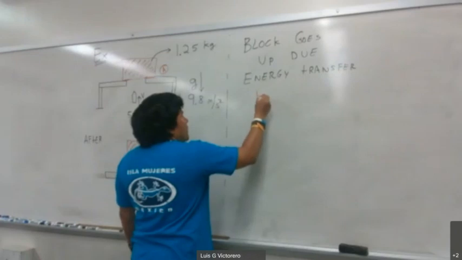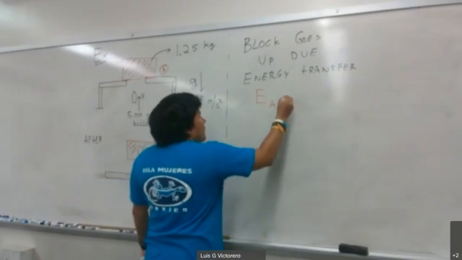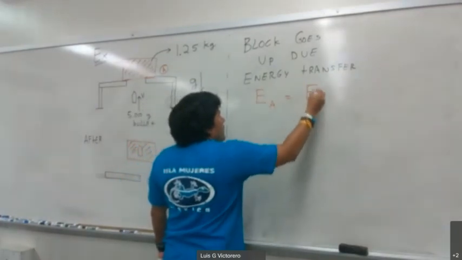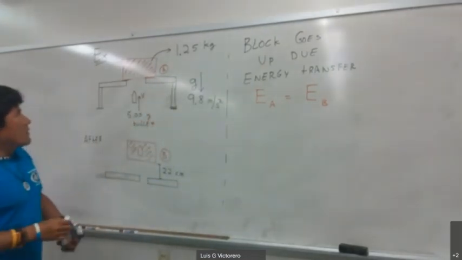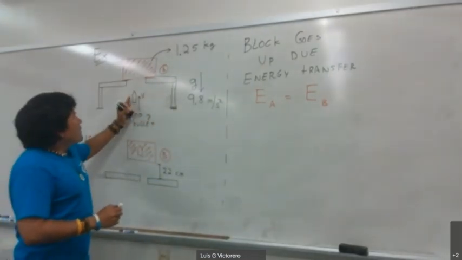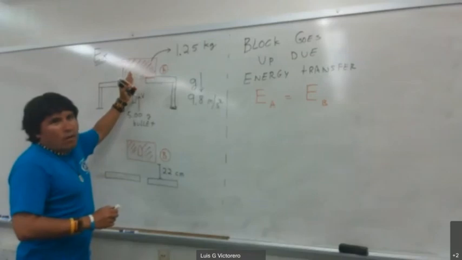Energy on A is equal to energy on B. What's the energy on A? It's when the bullet hits the block.